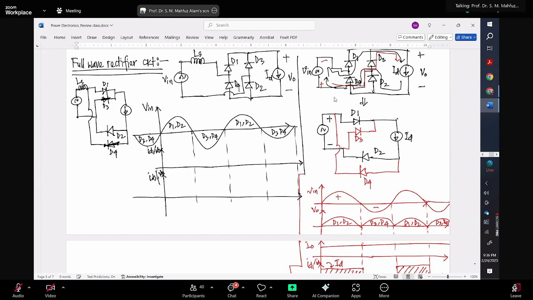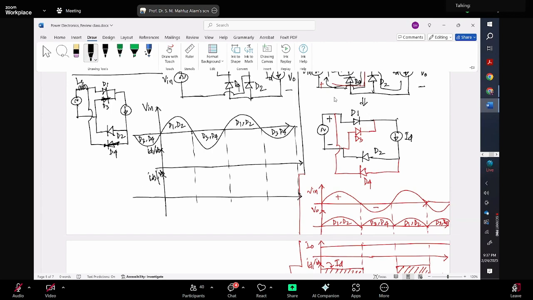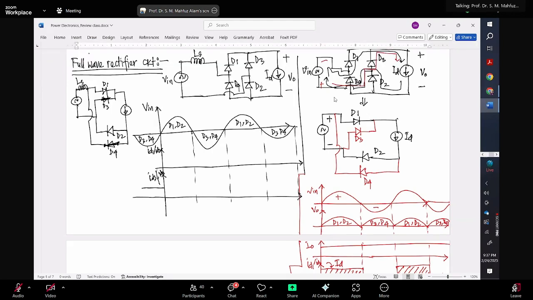So during the negative half cycle, we can think of this current ID, the load current, as coming from D3 and D4. So D3 and D4 are carrying current ID. And the current is going through in this direction. So this way it is going.